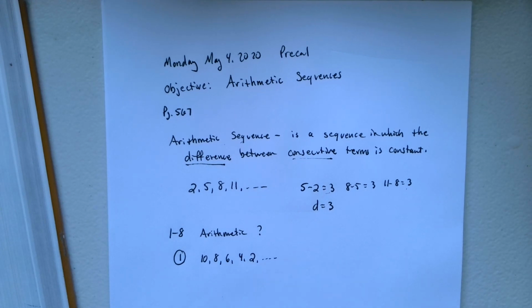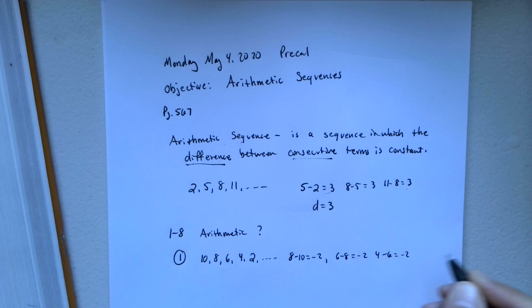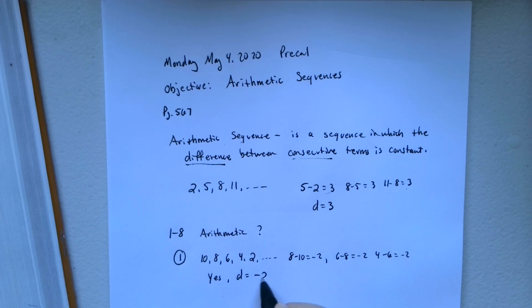If you want to be very literal with your definition, 8 minus 10 is negative 2, 6 minus 8 is negative 2, 4 minus 6 is negative 2, and again, you don't have to show that much work, but the answer is yes, and the common difference is negative 2.